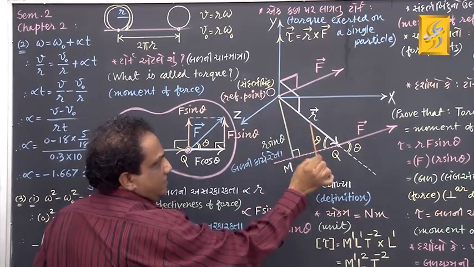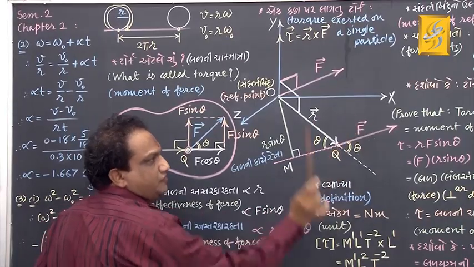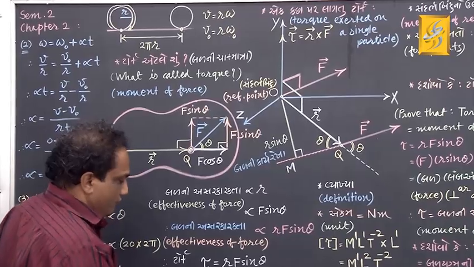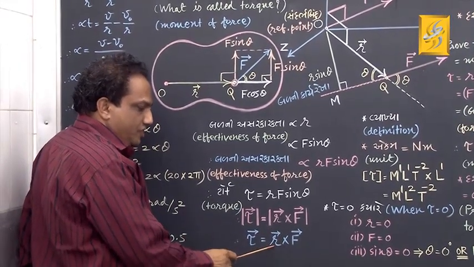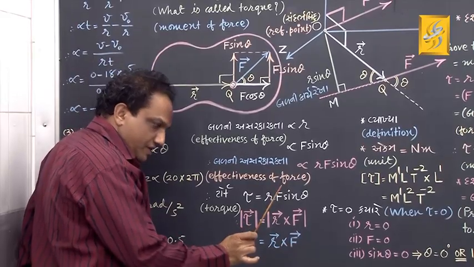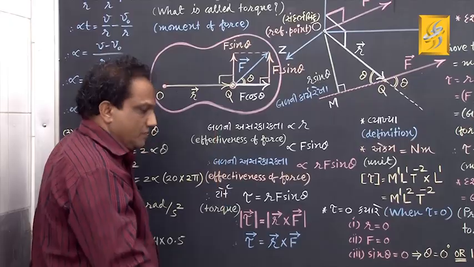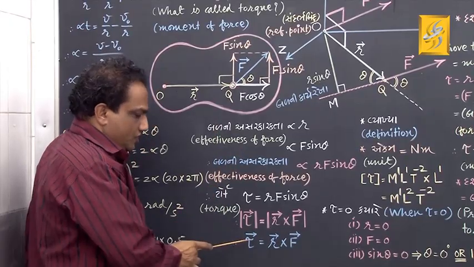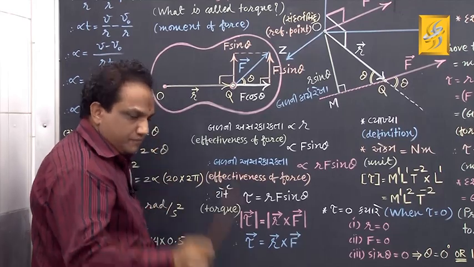Now tell me, this is vector R, that is the position vector. This is vector F, that is the force vector, and you know what is called torque. It is the vector product between position vector and force vector. So taking this equation into consideration, you can define what is called torque exerted on a single particle. Very simple.